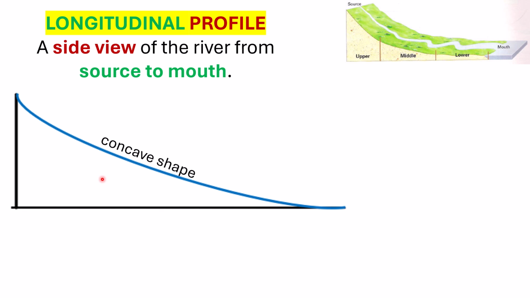A graded longitudinal profile is a profile that is nice and smooth, and it takes on a concave shape. So should the examiner ask you to describe the shape of a graded longitudinal profile, the answer would be that it takes on a concave shape. So in essence, the longitudinal profile basically shows you the river from start to mouth in its entire length.